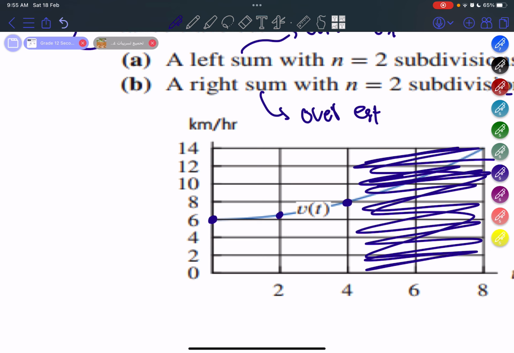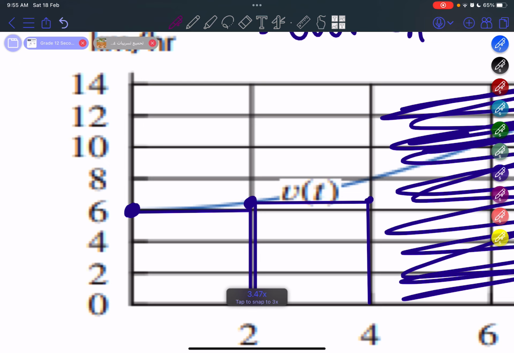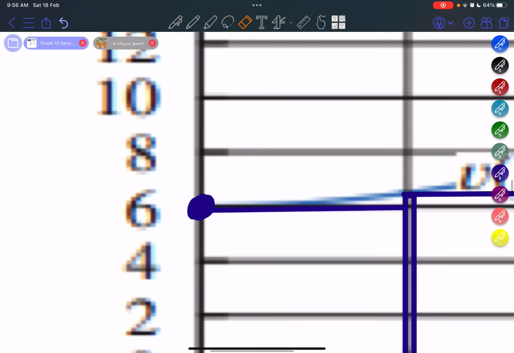But since this is a left sum and an underestimate, we will just take the same value, because if we draw it carefully, we see there's still some room over the curve, as you see here, very clearly.